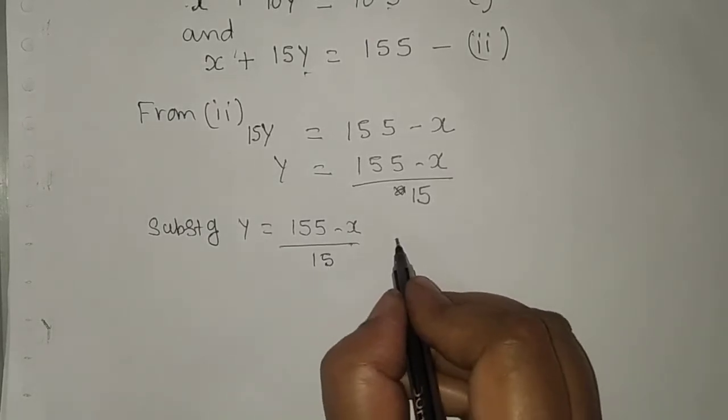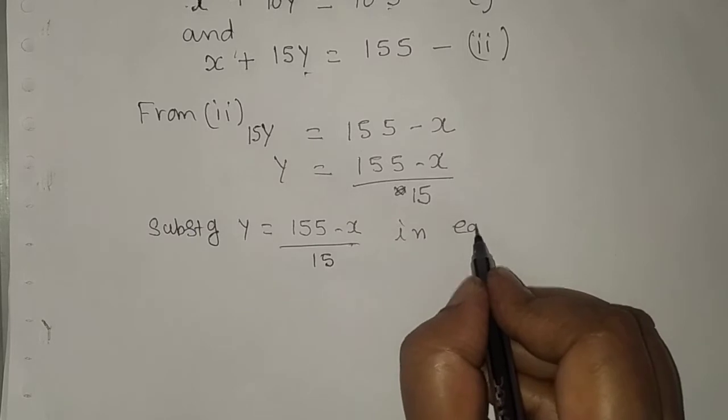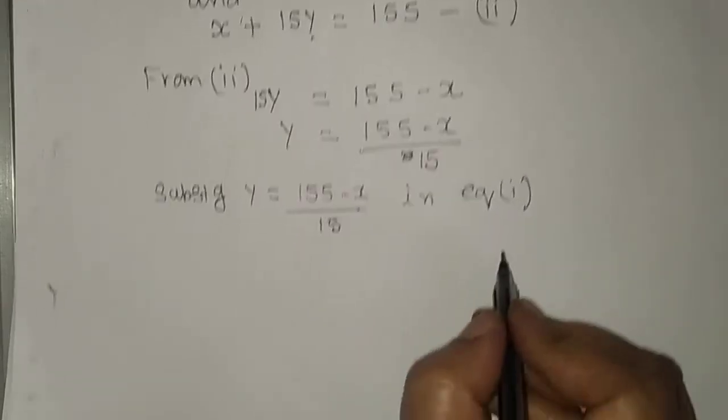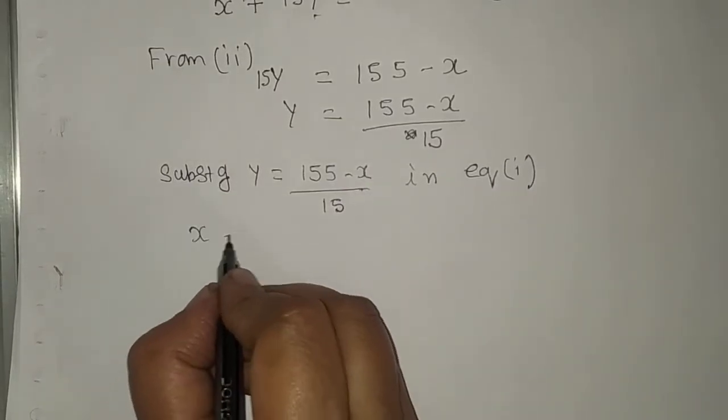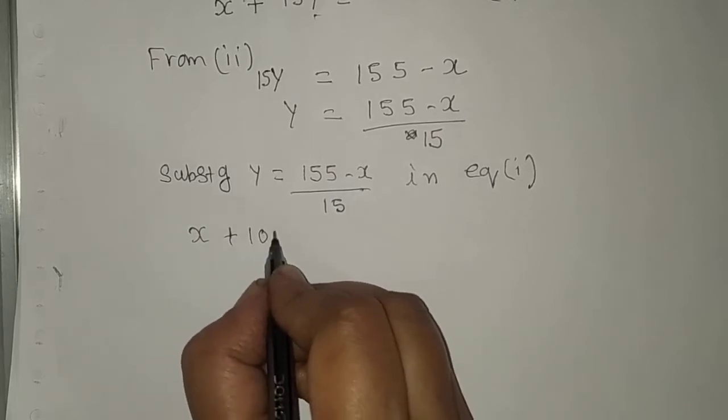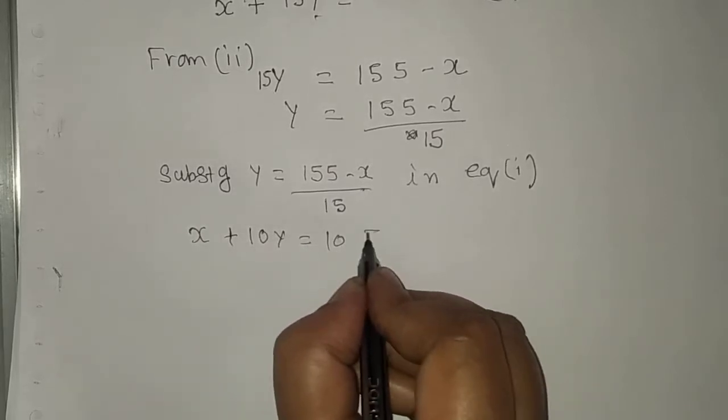Now substituting y equals (155 minus x) by 15 in equation 1, which is x plus 10y is equal to 105.